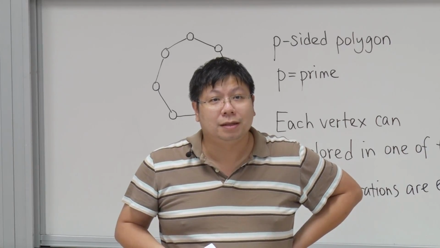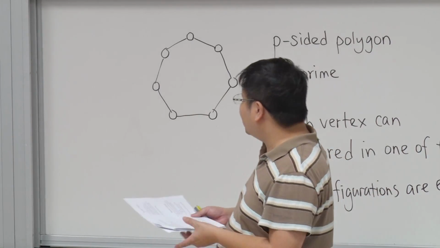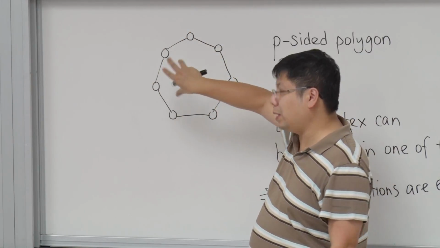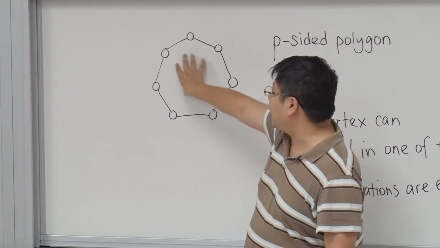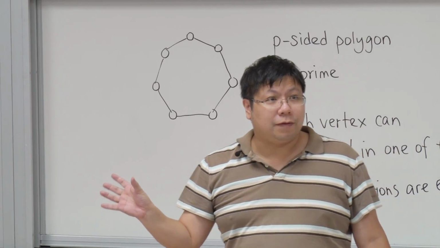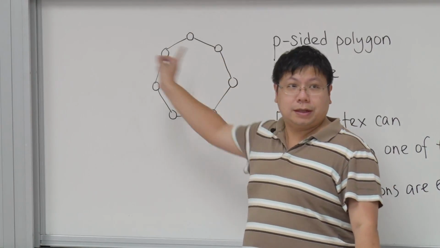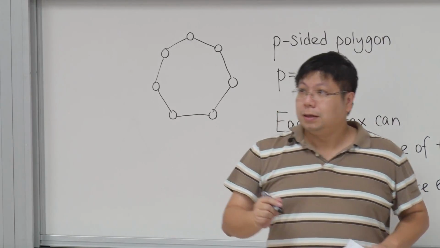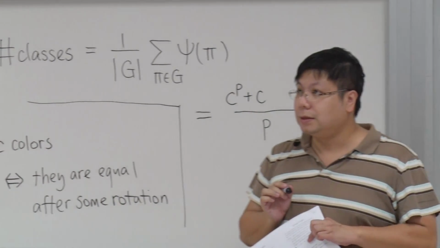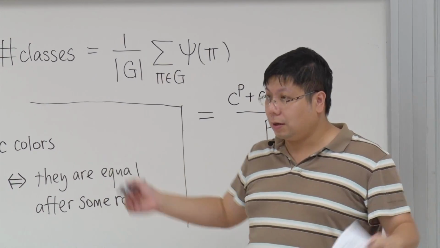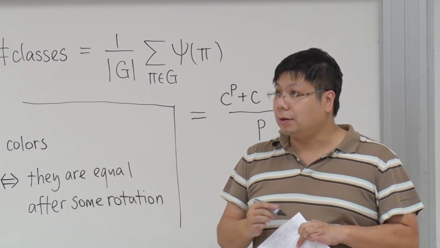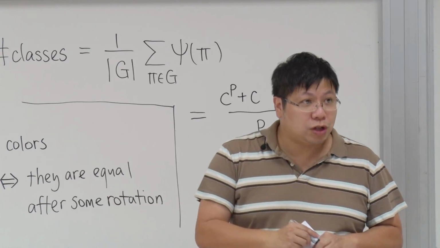In general, whether or not p is a prime, if you rotate by just one vertex and it is the same, that happens if and only if all the vertices are the same color. So in that rotation there are going to be C invariants: all black, or all white, or all blue, or all yellow, one for each of the C colors.